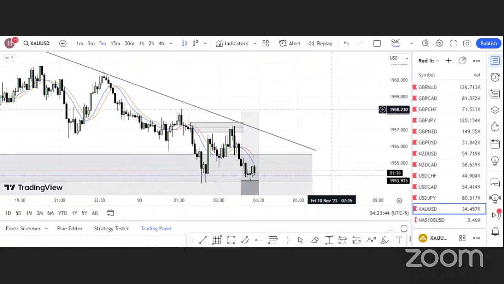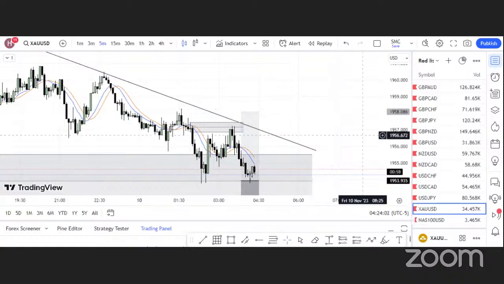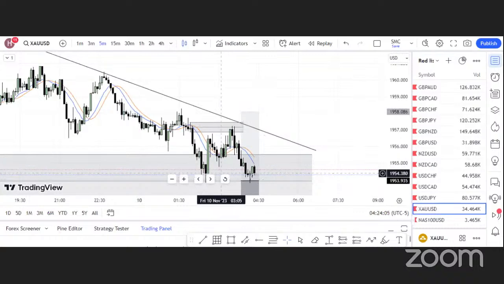Okay, so let's just stay here. Let's see what this next candle is going to do. We are still holding, guys. So it's juggling between profit and loss. Making profit, then going into loss again. Let's see what is going to happen in the next few minutes.